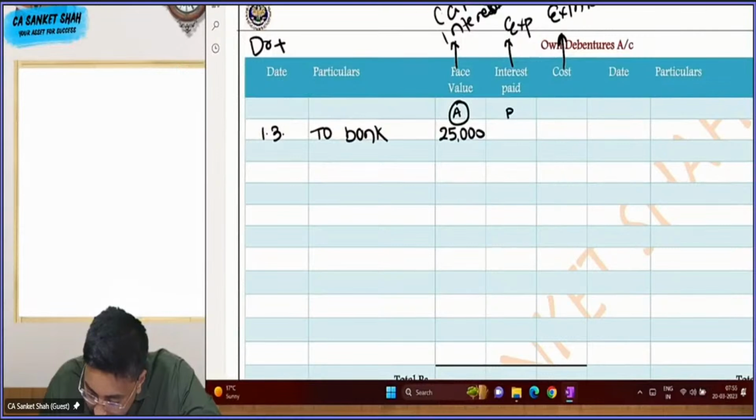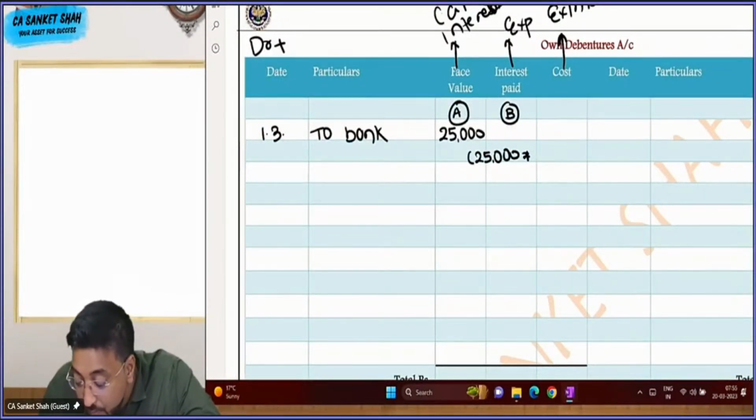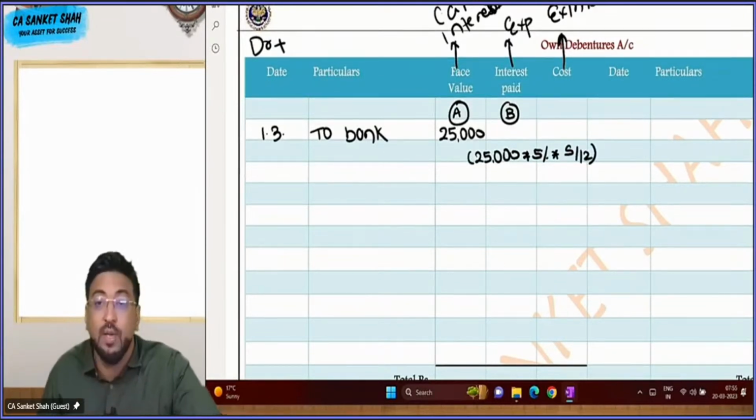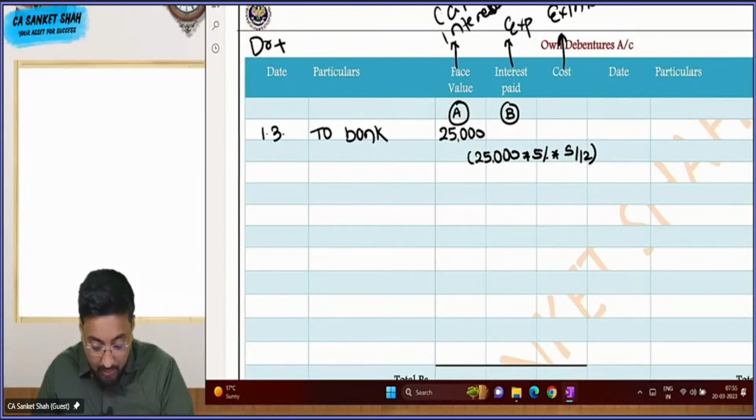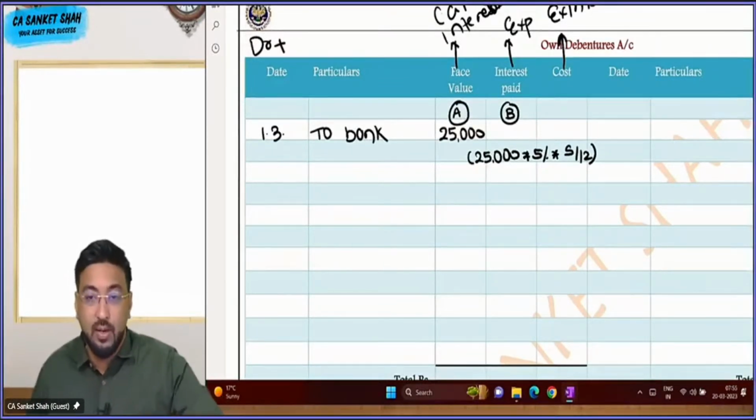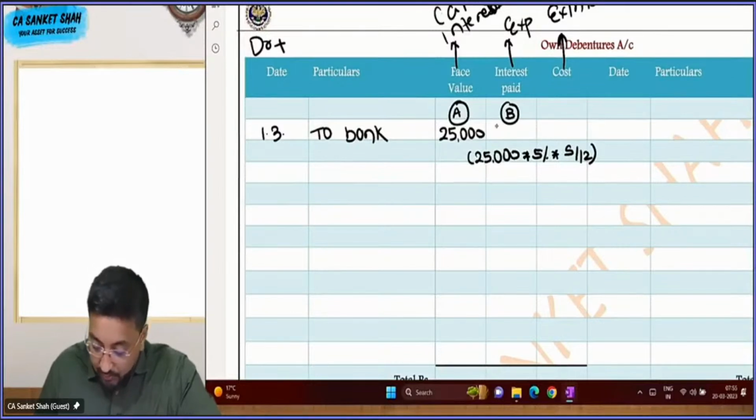So what is the interest we calculated? On 25,000 we have to pay the previous owner for how many months, beta? 5 months. Now we bought it from him, so he got the last interest in September. So now we are going to pay him 25,000 into 5% into 5 by 12. So what is the amount, beta? 5 by 12 means 521, sir.